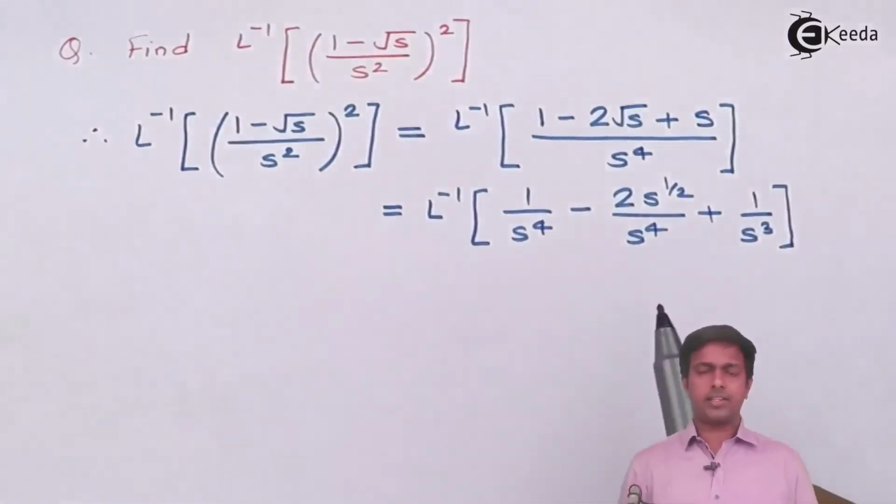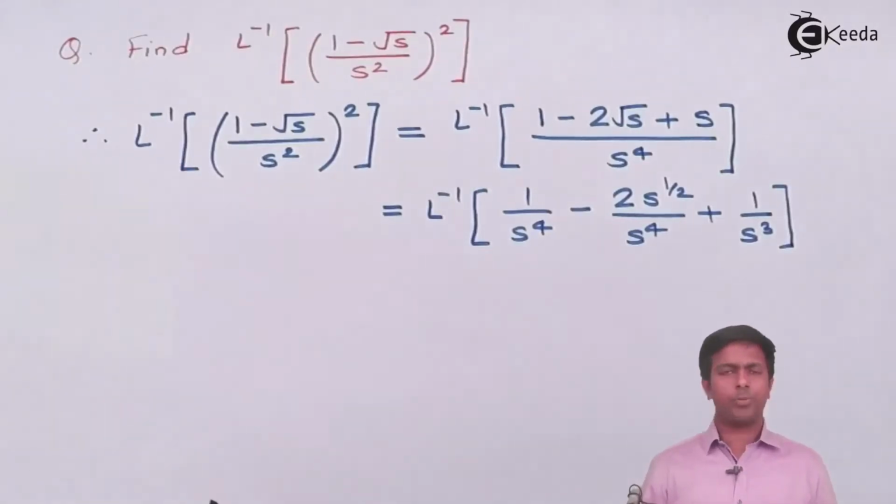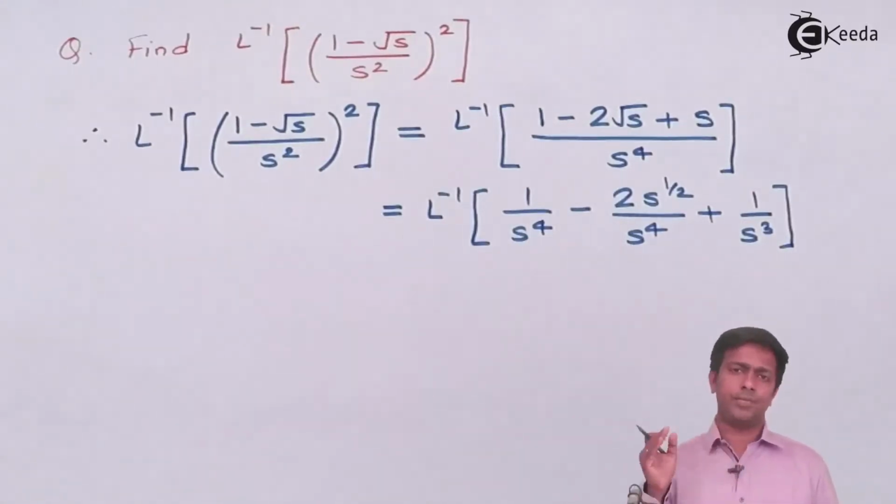Now guys, here there are 3 functions separated by plus or minus sign. So now I can apply the linearity property, by which we can get the inverse Laplace transform of each and every term separately.